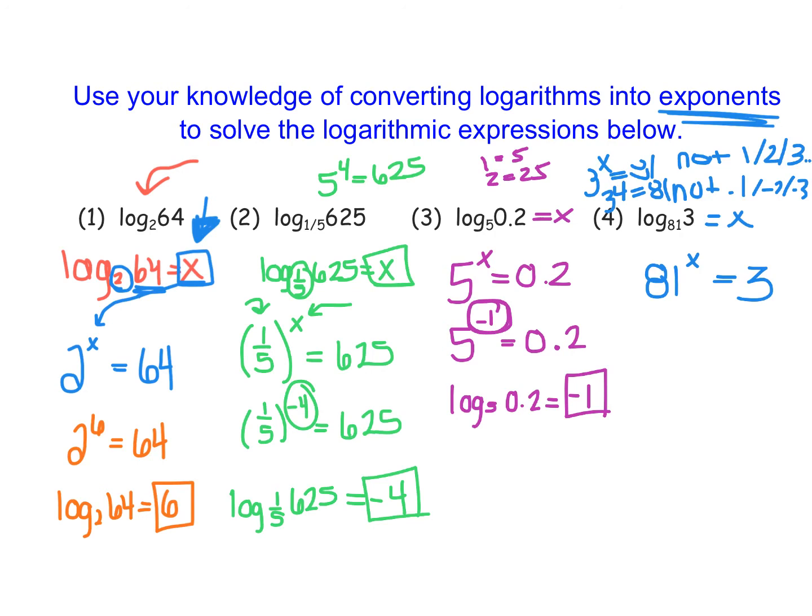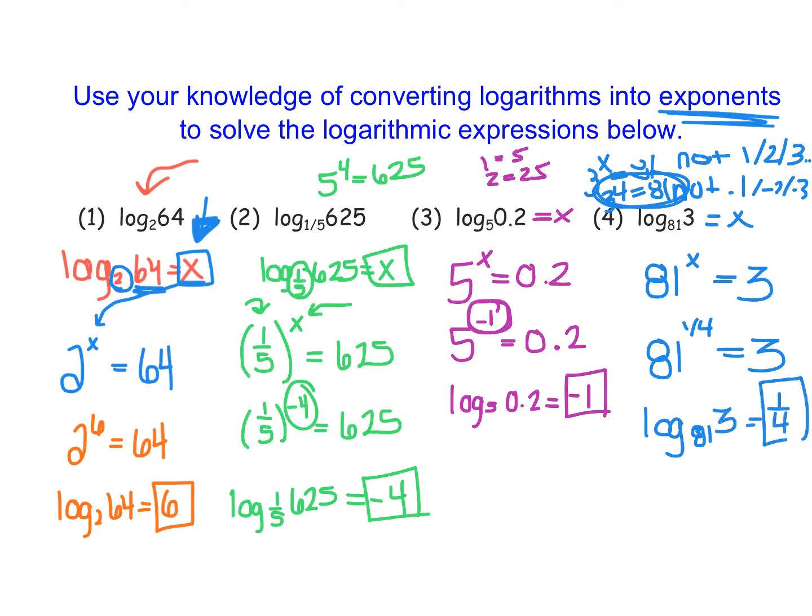So 81 to the power of 1/4, and I notice that 81 to the power of 1/4 results in 3. So that 4 relationship that I knew about with 3 and 81 came in handy here. And since 81 to the power of 1/4 is 3, we can say log base 81 of 3 is equal to 1/4, because 81 to the power of 1/4 results in 3.